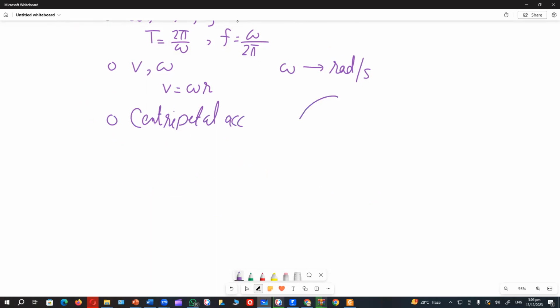When an object is moving in a circle, the acceleration is always directed towards the center. So in a circular motion, the centripetal acceleration is a is equal to omega square r, and a is equal to v square upon r.